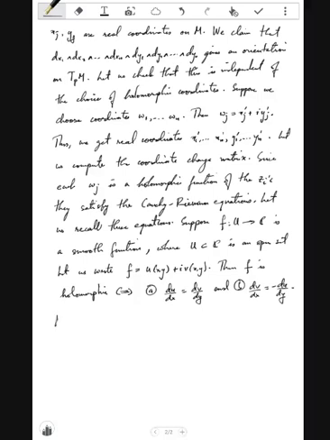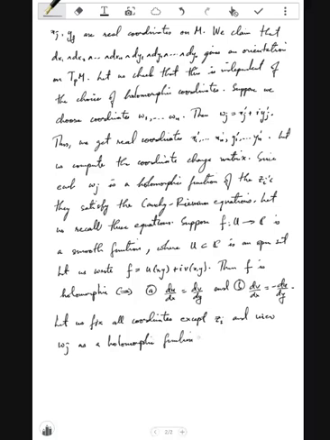So let us fix all coordinates except zi and view wj as a holomorphic function of zi.